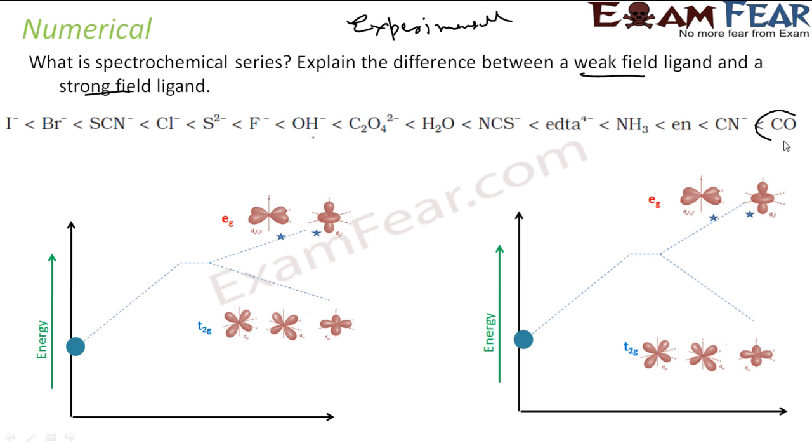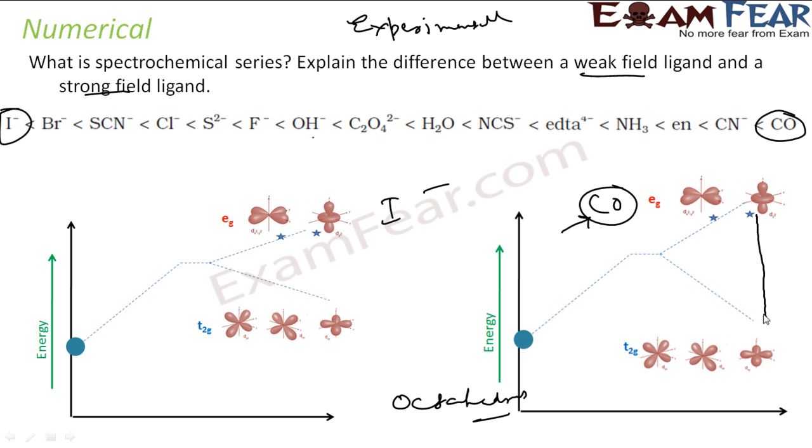So in this case, if you see, carbonyl has the maximum value for the crystal field splitting energy. Iodine minus has the minimum value. So this is, let's suppose, I minus, and this is CO. And I am talking about the octahedral complex. For the octahedral complex, if my carbonyl is the ligand, it will have maximum splitting.